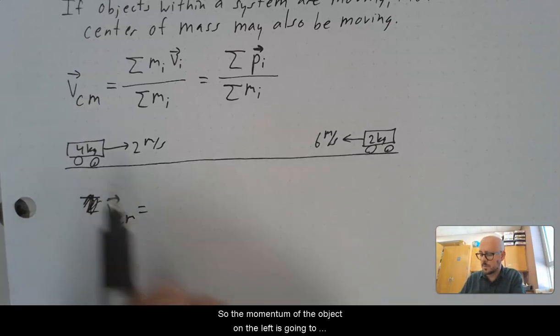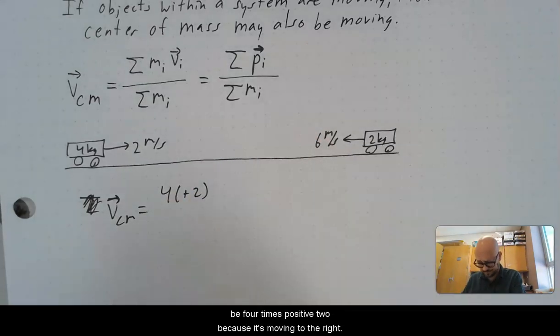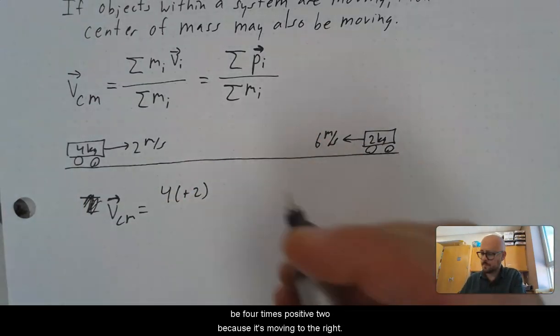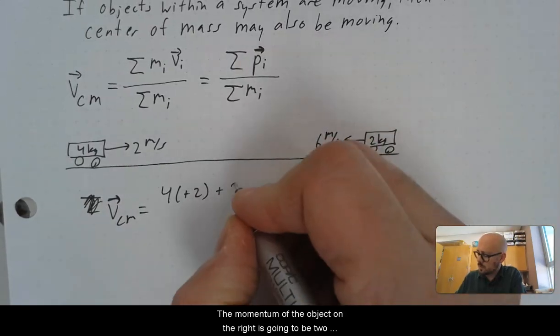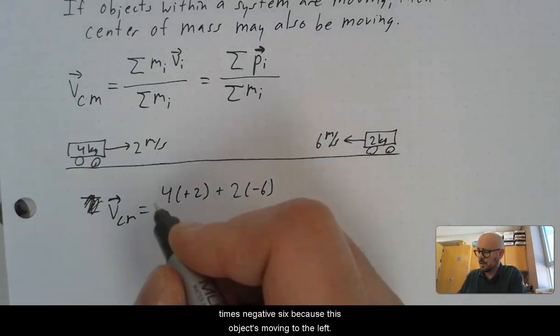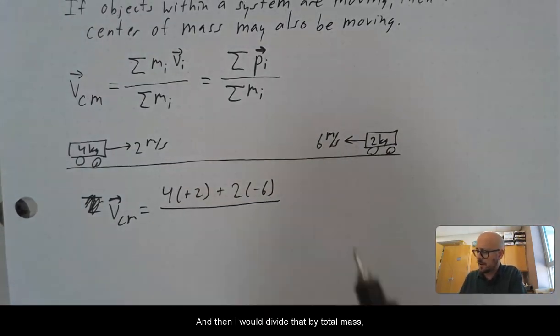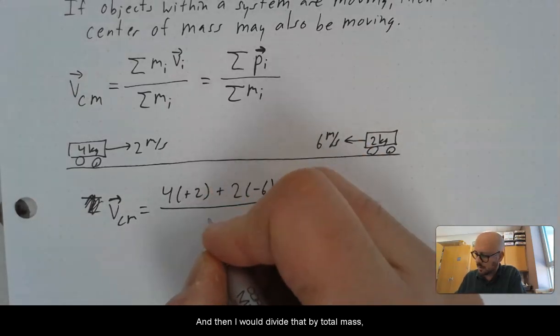So the momentum of the object on the left is going to be 4 times positive 2 because it's moving to the right. The momentum of the object on the right is going to be 2 times negative 6 because this object's moving to the left. And then I would divide that by total mass, which is 6 kilograms.